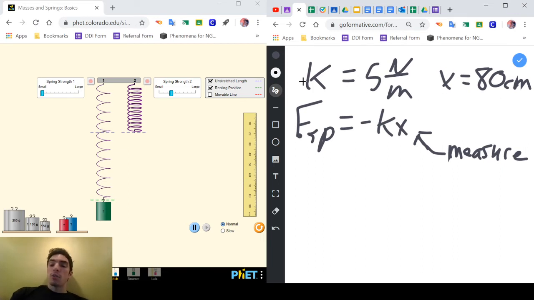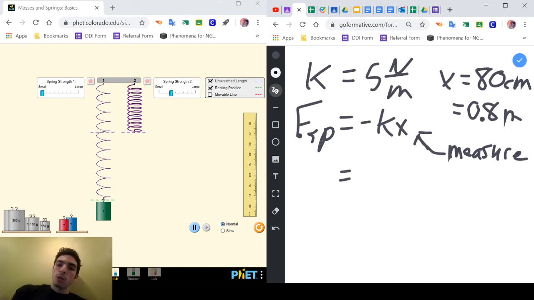Now, in that other video, I also go over how to convert this 80 centimeters into meters. I'm going to skip that step here, and I'm just going to say that that is equal to 0.8 meters. So that's also just a pattern that you could recognize, that I knew to move the decimal for a measurement in centimeters over to the left twice to get it into a measurement of length in meters.